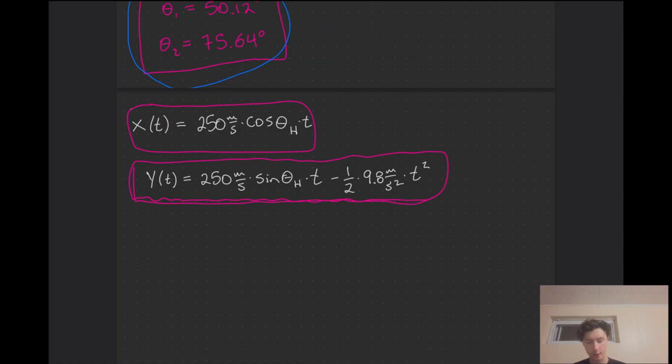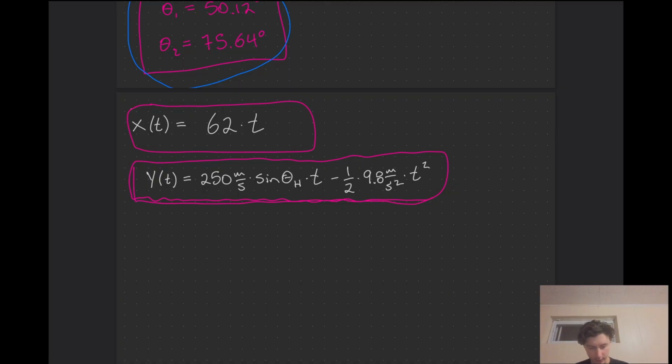So what I'm going to do now is actually simplify this entire thing. So I just checked cosine of 75.64 is equal to 0.248. I'm going to multiply that by 250, and we get 62 exactly. So everything over here, I'm going to replace by 62 times t.